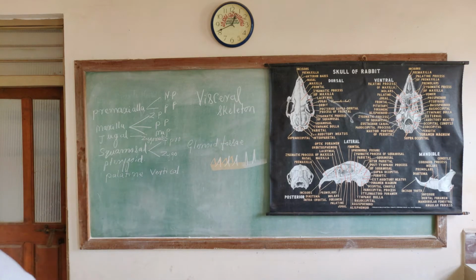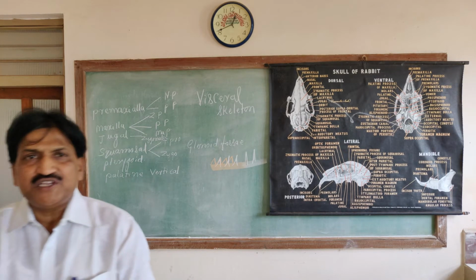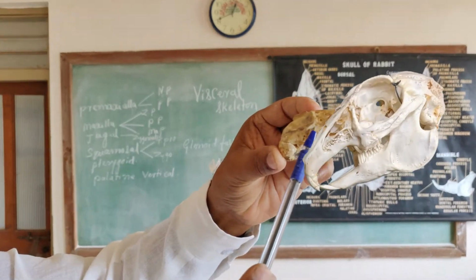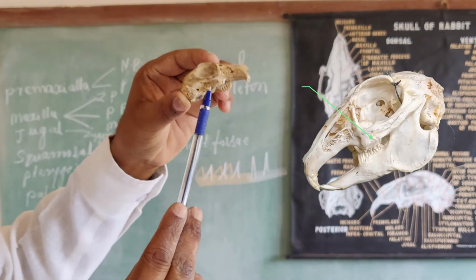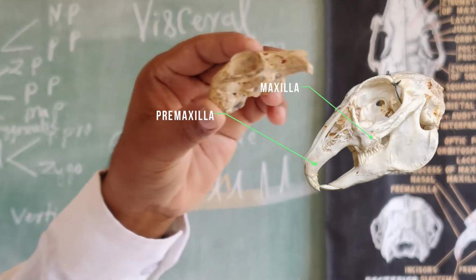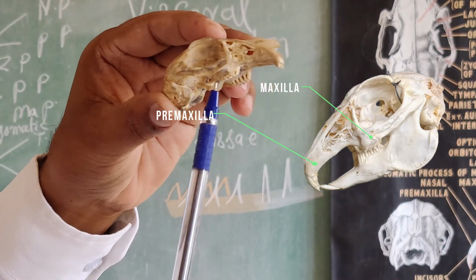Now we will show the maxilla. It is one of the major bones of the upper jaw. It is somewhat spongy in nature.